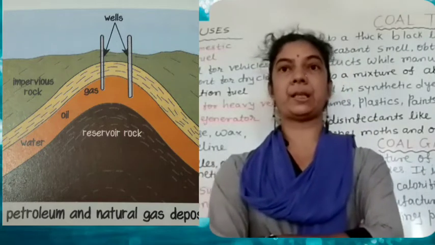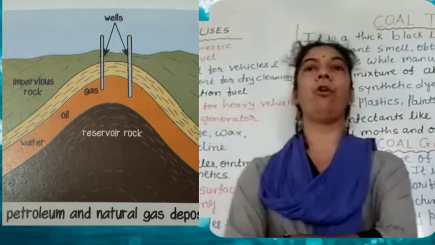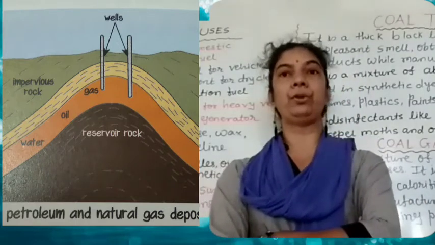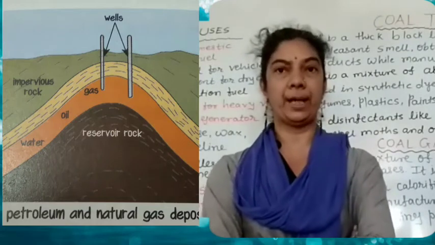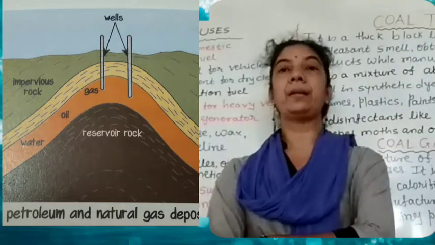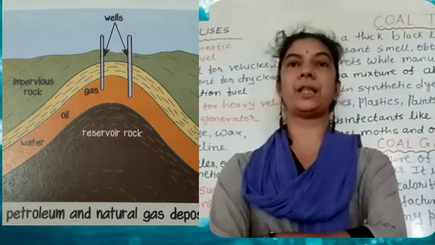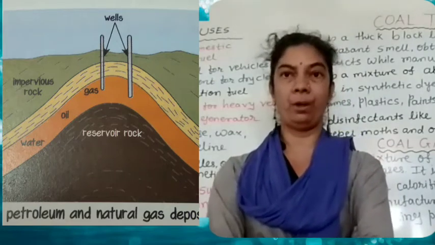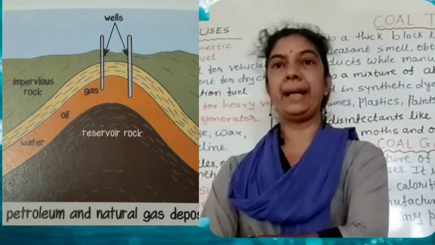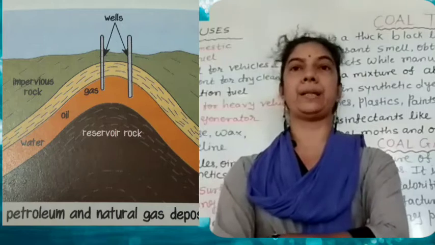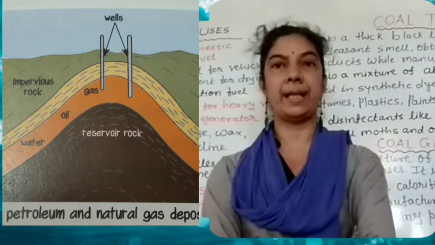The process of formation of petroleum is also known as carbonization, and the time duration in which these fossil fuels, coal, petroleum and natural gas are formed is known as the Carboniferous age.